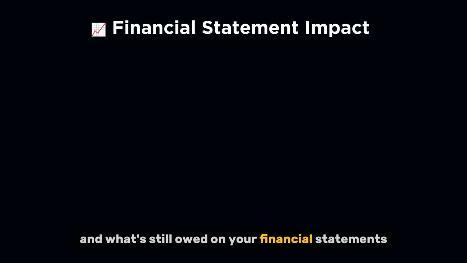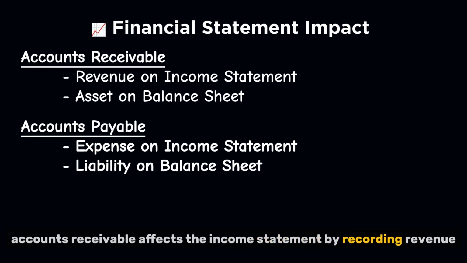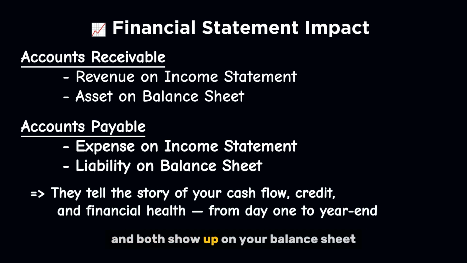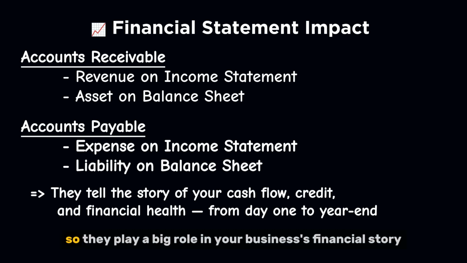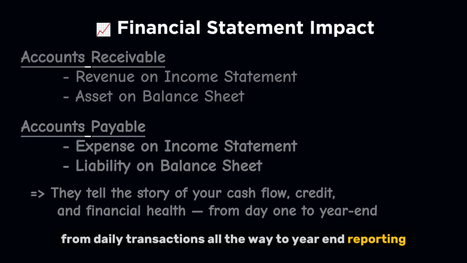On your financial statements, accounts receivable affects the income statement by recording revenue, even if the cash hasn't come in yet. Accounts payable affects expenses, even if you haven't paid the cash yet. And both show up on your balance sheet, receivables as a current asset, payables as a current liability. So they play a big role in your business's financial story, from daily transactions all the way to year-end reporting.